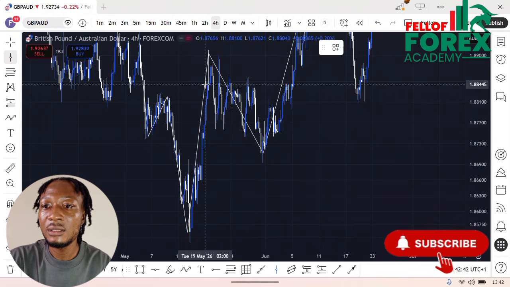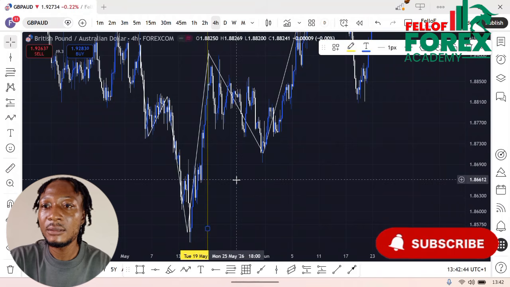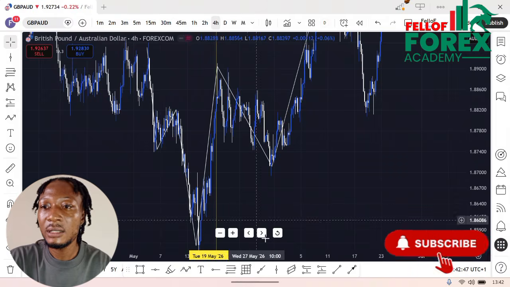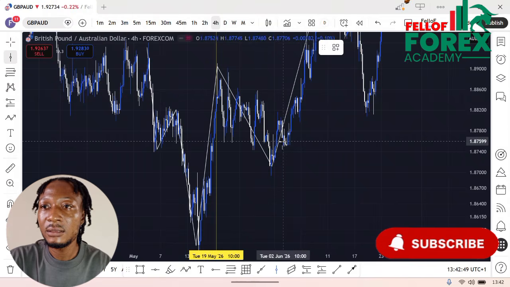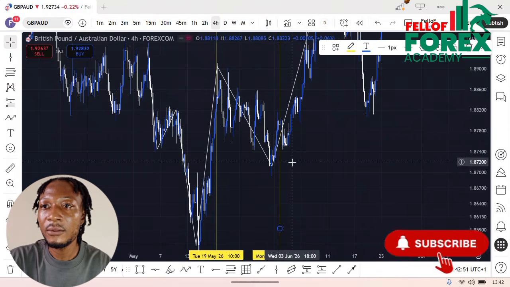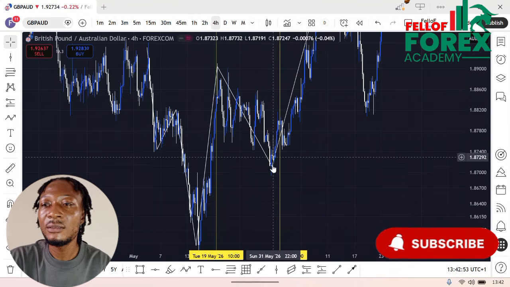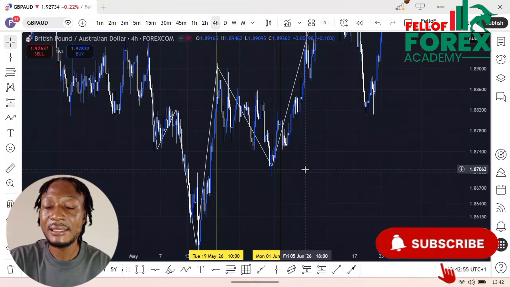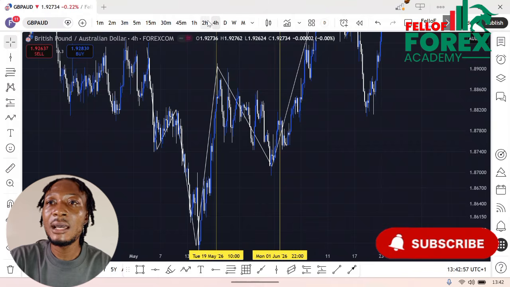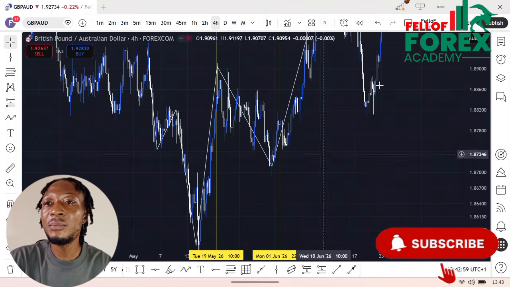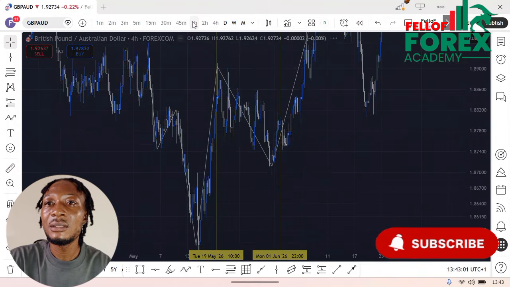So between here and here, okay? This is what we are looking for to catch our sniper entries. Okay, now we've seen that on the 4 hours we are bullish, but something has happened.